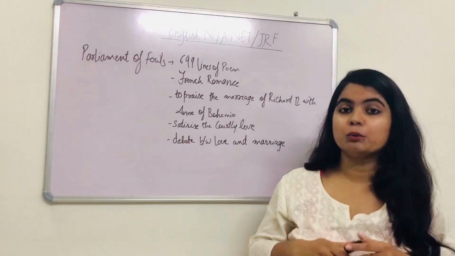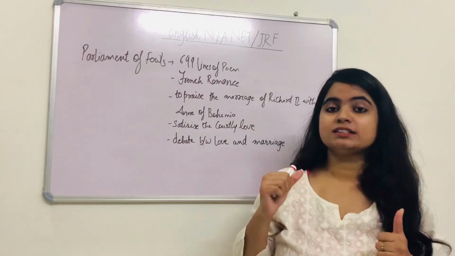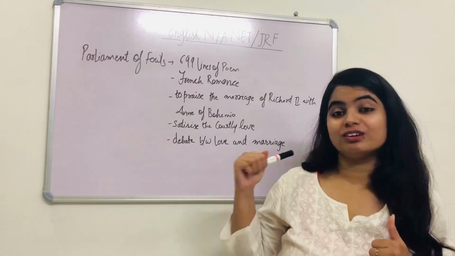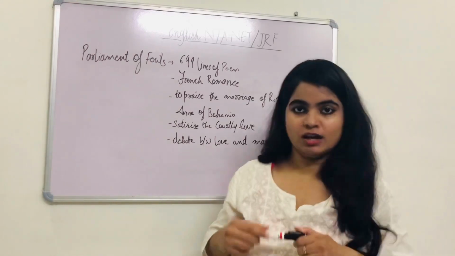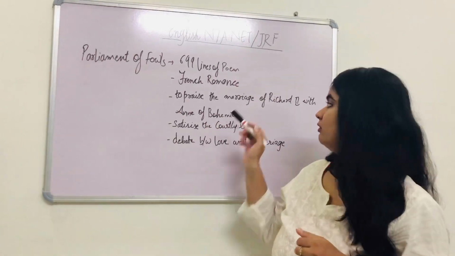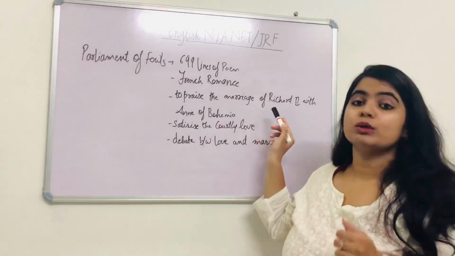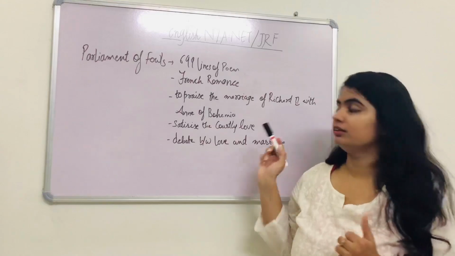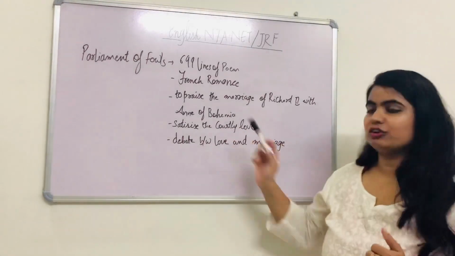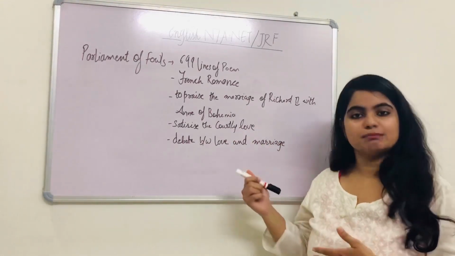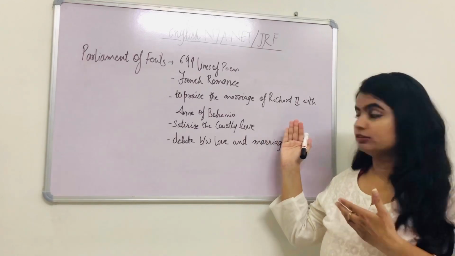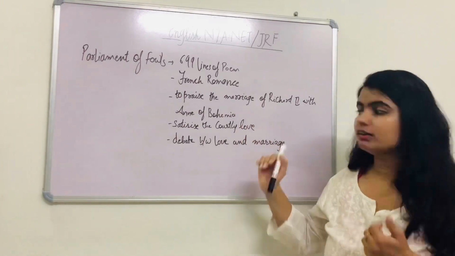First one was Edward III, second was Richard II, and third one was Henry IV, right? So in this work, Richard II, who was the son of Edward III, marries Anne of Bohemia. So this poem was written to praise the marriage of Richard II with Anne of Bohemia.